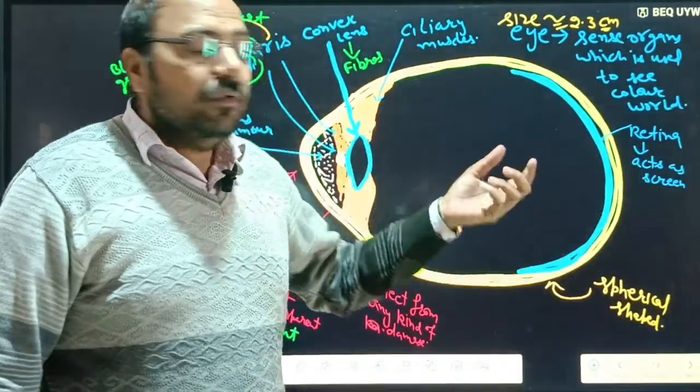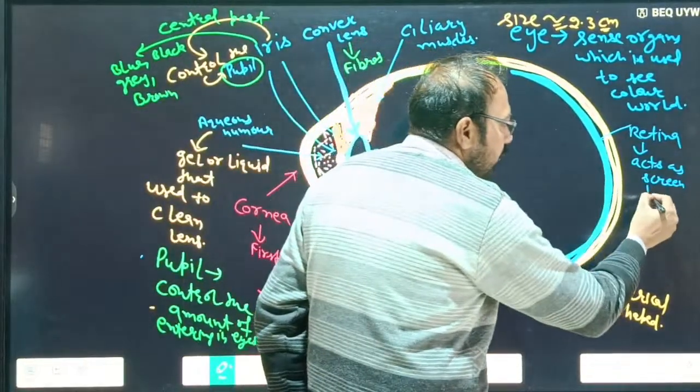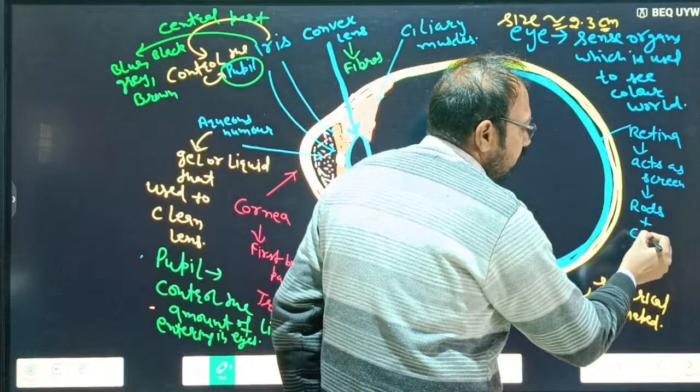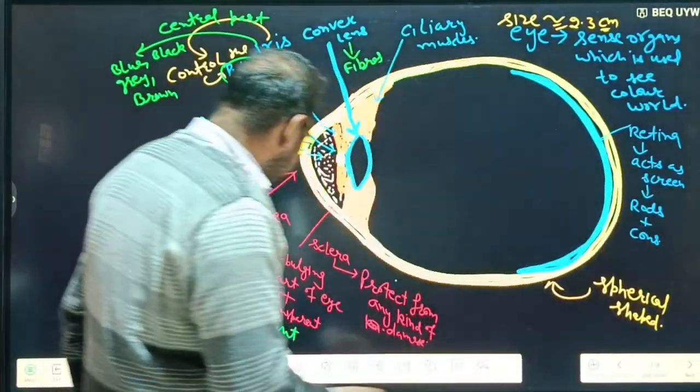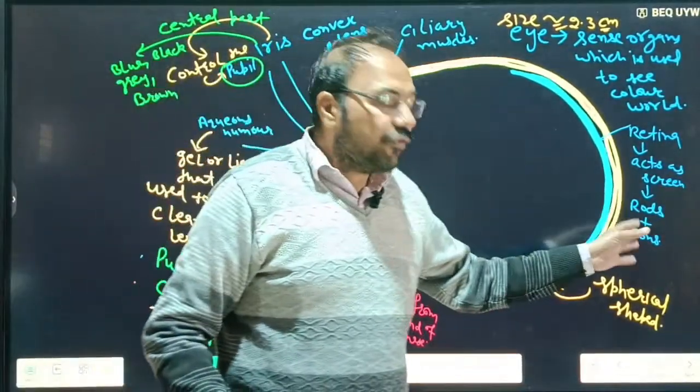And the retina is a combination of two things, rods and cones. So these contain two types of material, rods and cones.